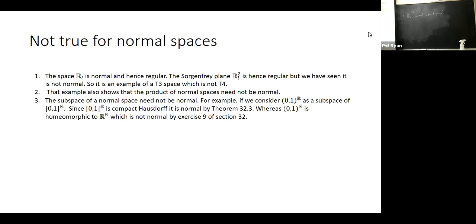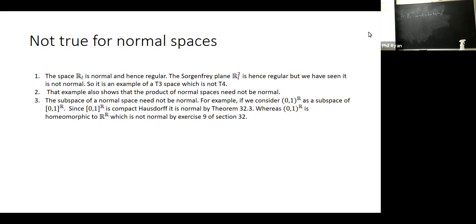What about subspaces? Well, a subspace of a normal space need not be normal. For example, think about functions: the open interval (0,1) to the R as a subspace of the closed interval [0,1] to the R. The closed interval is compact and Hausdorff.